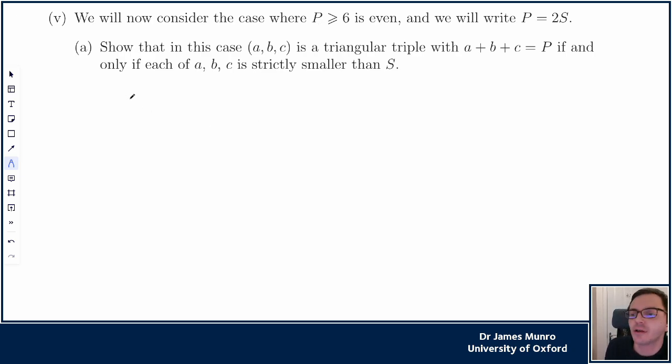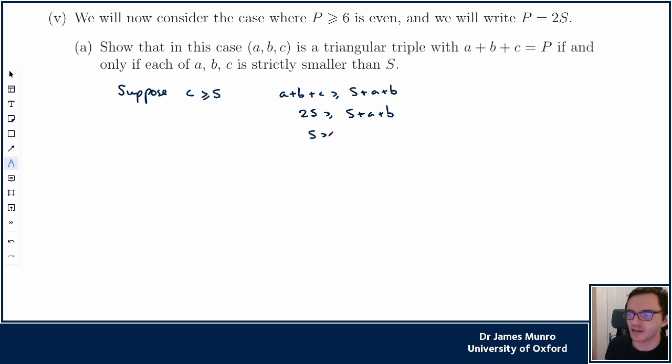So let's say, for example, suppose c was bigger than or equal to s. Now, what do I want? I know a fact about a plus b plus c, so I'm going to try adding a plus b to both sides. I know that on the left that's equal to 2s.